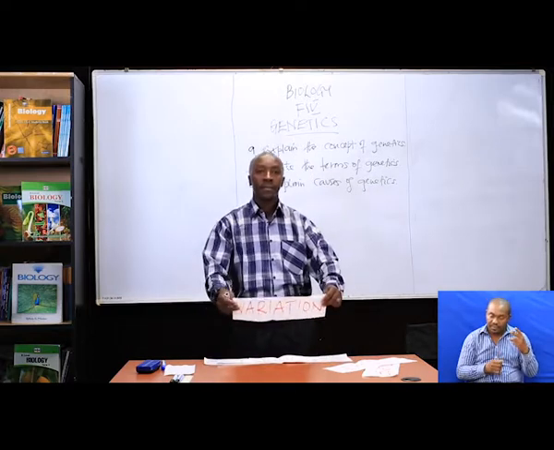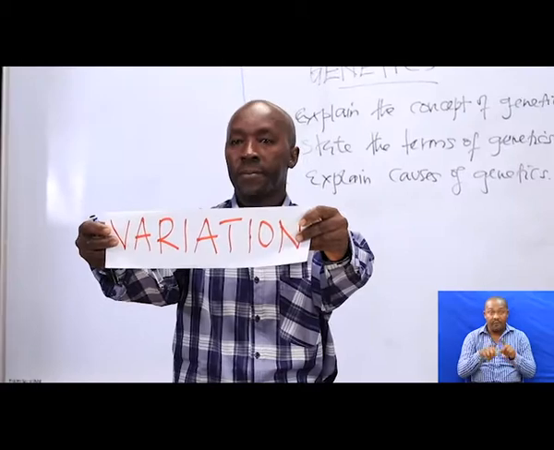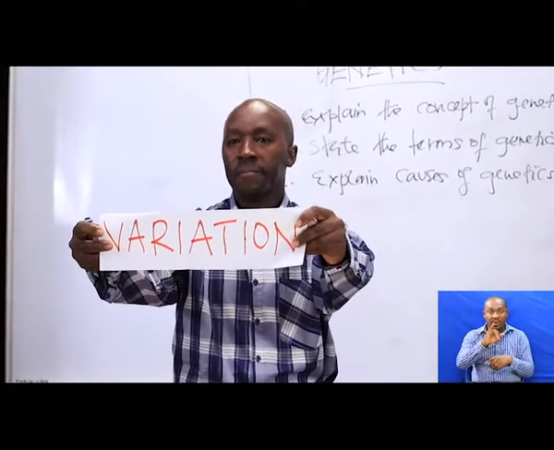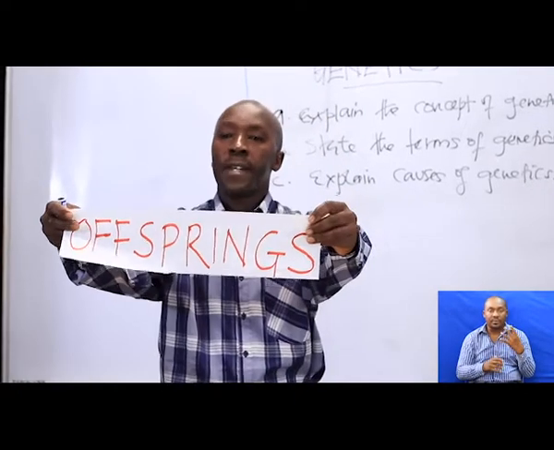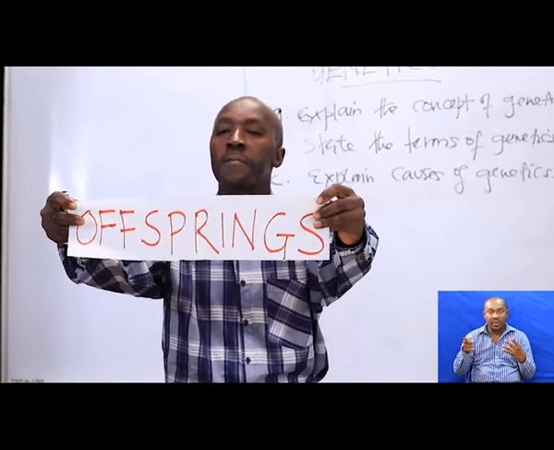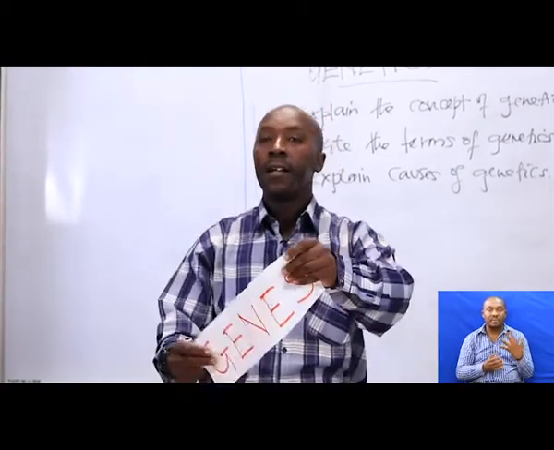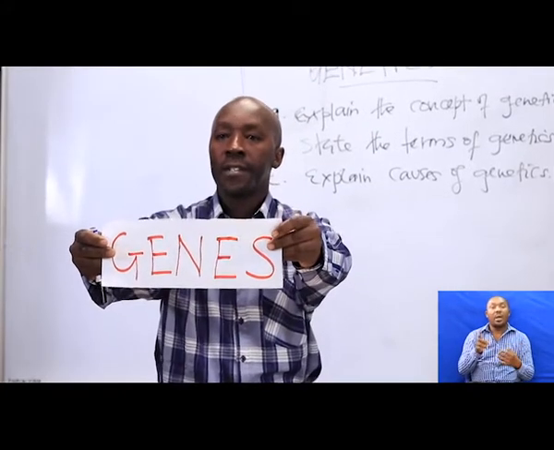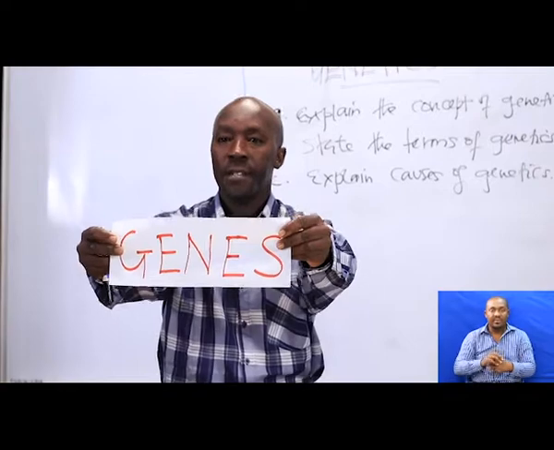The third vocabulary, or new word, is variation. Then offspring. Then genes.